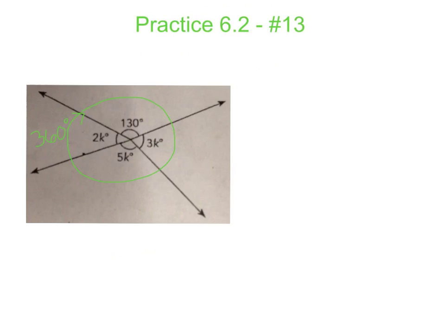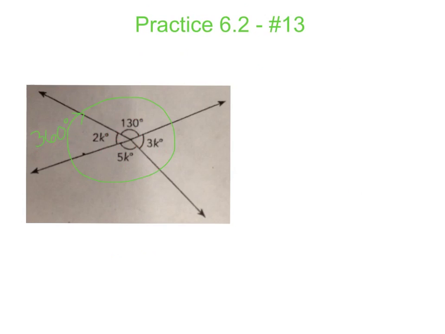As we stated on the last slide, we see that our 130 degrees plus our 3k plus our 5k plus our 2k, since they share a common vertex, will equal the sum of 360, because a circle has 360 degrees. So what we want to do is create an equation where I'm summing all four of these to equal 360 degrees.